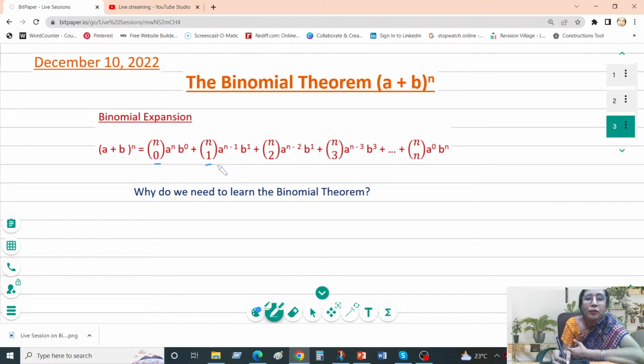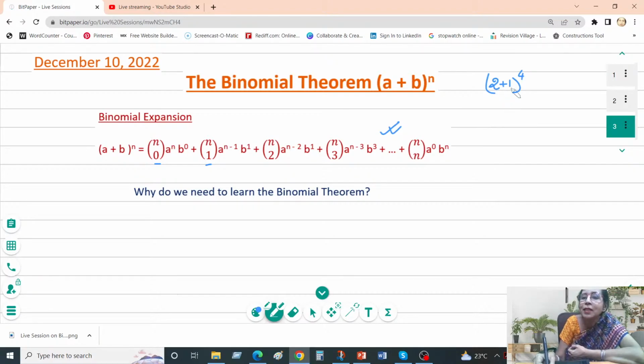If someone asks what is 2 plus 1 raised to the power of 4, let me write it, (2 plus 1) to the power of 4. Should we be using the binomial theorem? Should we be using this expansion? Definitely not. If someone asks us to use this expansion, we will simply ignore that person.